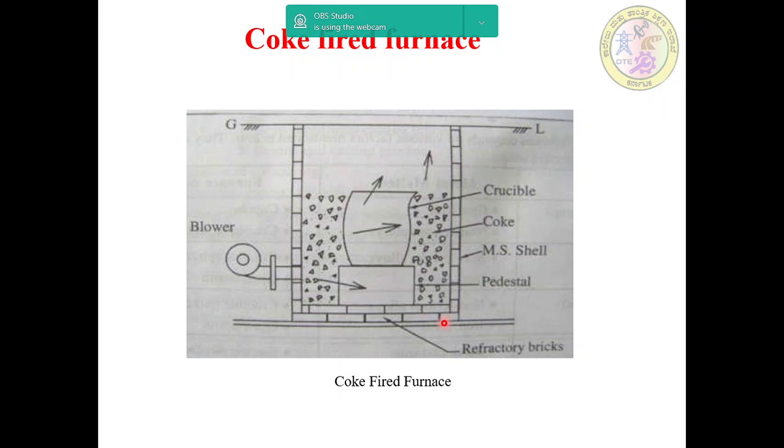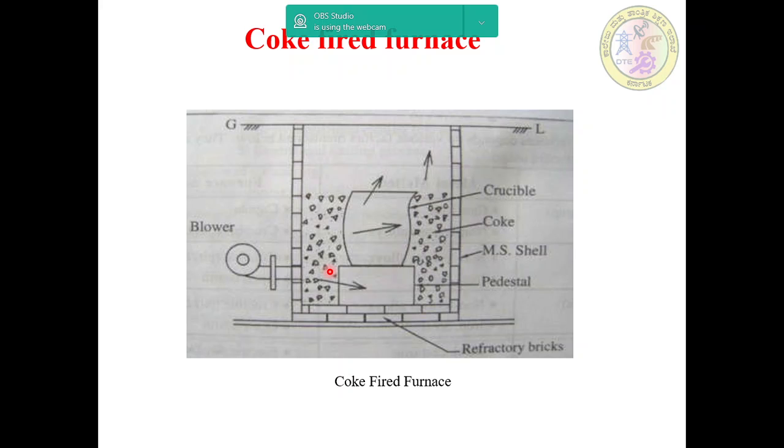In this type of furnace, the crucible is kept on the pedestal. It is charged with ingots, and coke slabs are packed around the crucible and ignited. Once it starts burning, the blower is switched on, and the coke is charged slowly till the coke reaches the level of the crucible.